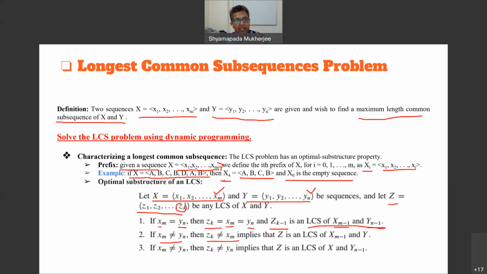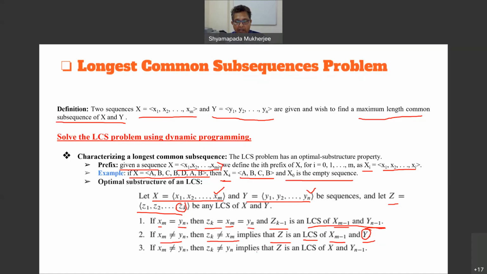Then the last element of z must be in the longest common subsequence between x(m-1) and y, the total y. Got it? That means xm does not equal yn, and xm is not part of the longest common subsequence. Then obviously z is a longest common subsequence of x(m-1) and y.